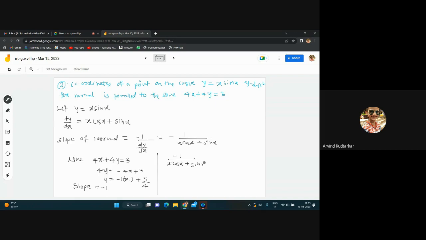This line is parallel to the normal. The slope of the normals to this curve is minus 1 upon x cos x plus sin x. When they are parallel, the slopes will be equal: minus 1 divided by x cos x plus sin x equals minus 1.